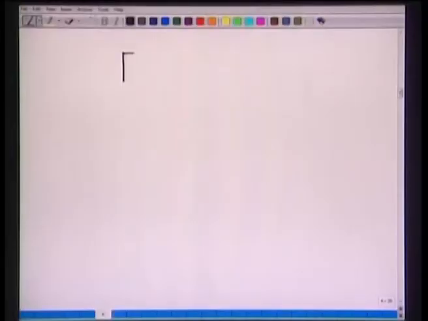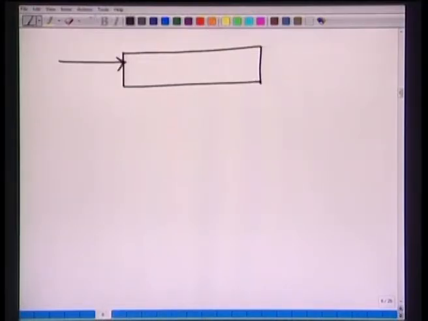Okay, so let's say that we have this column, a packed column, in which we bring this stream, we call it E, symbol E, in contact with another stream, we give the symbol R. We can assume that, for example, this is your liquid phase and this is the gas phase.